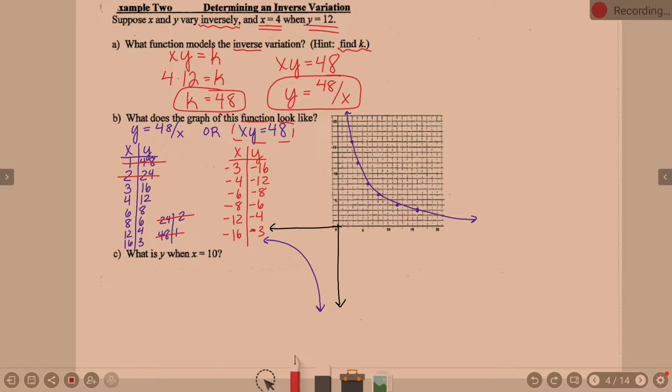We needed two numbers that multiplied to be 48, right? Or if you go back and use the equation we wrote up on part A, y equals 48 divided by x. Did they just give us an x value? They did. And so 48 divided by 10 is indeed 4.8.